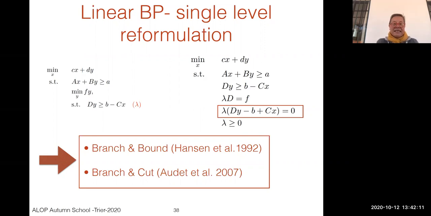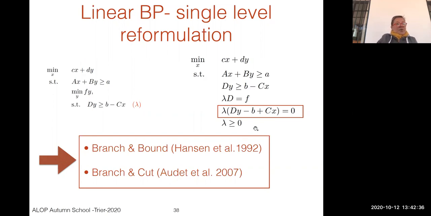Now this idea also has been exploited in a different way. I mentioned the introduction of binary variables here, because what Hansen et al. proposed was a branch and bound, and at that time they implemented the whole branch and bound by themselves.